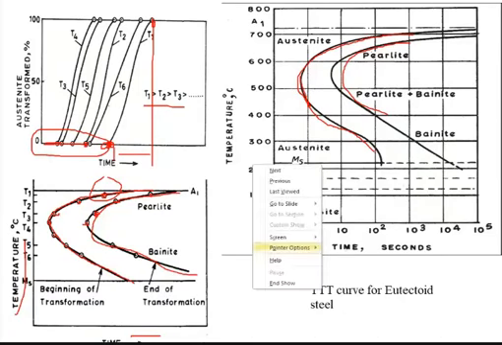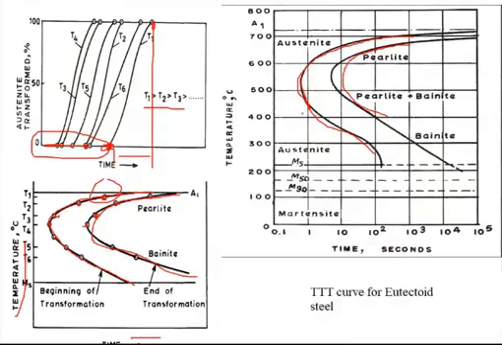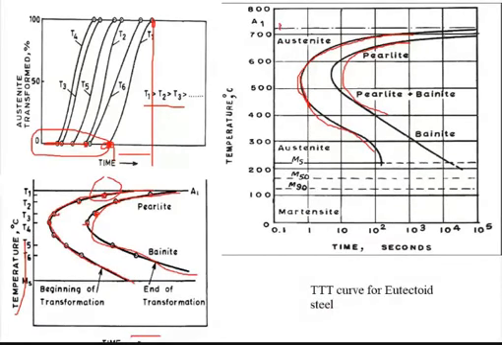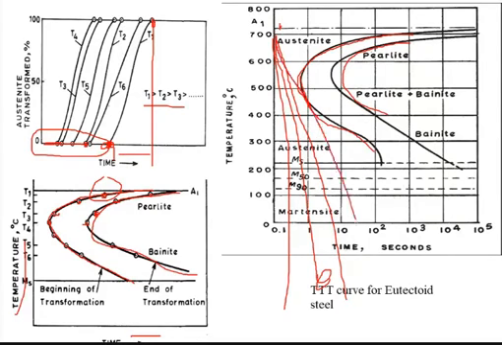Suppose you have heated the sample up to the austenitic region, somewhere here, and suppose you have quenched it very drastically, in almost 0 seconds. In that case, you will get martensite. You can see it here. Here also you will get martensite, and here also you will get martensite.